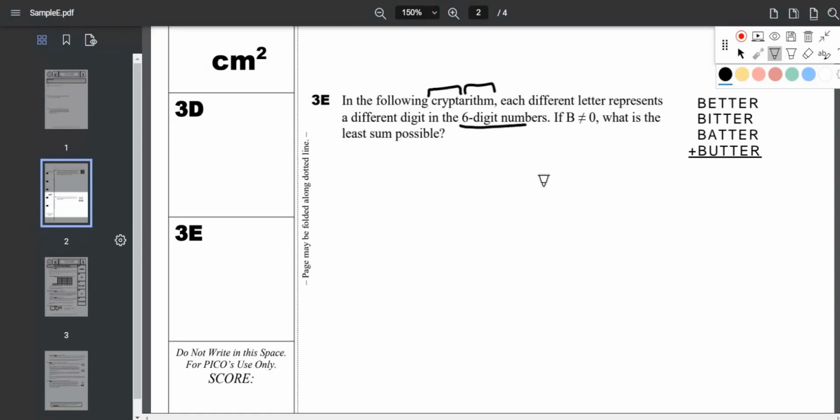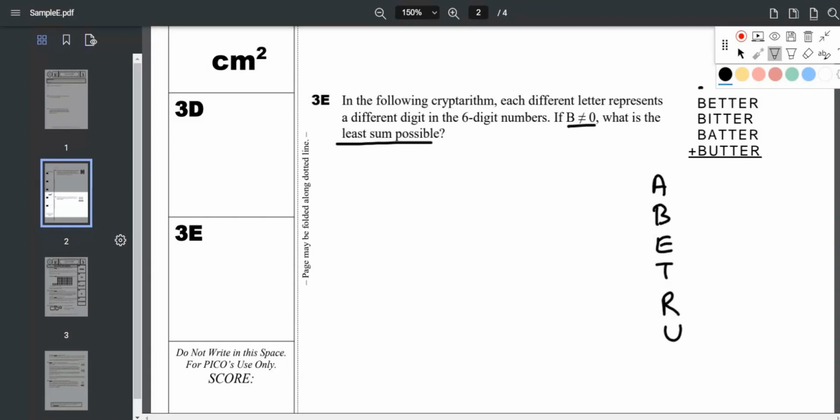So butter, better, bitter, batter, you see here, they are 6 letters, and here the condition is B should not be 0. So what should be the least sum possible when you convert these cryptos to the arithmetic numbers? Okay, so you have the letters A, B, E, T, R, and U. So here you want least sum.